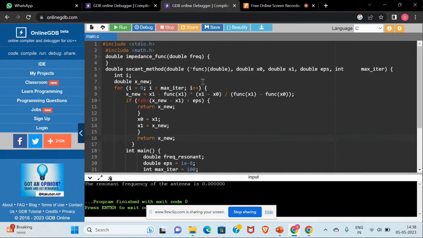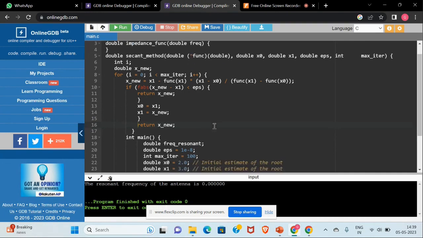Now you can see the code for the antenna theory application. Here we are finding the code. The libraries are included, and we are finding the impedance. We are defining a function, and this is the formula for finding the next value. And these are the equations that should be included in finding the impedance.